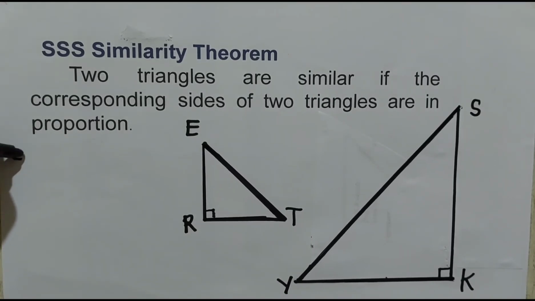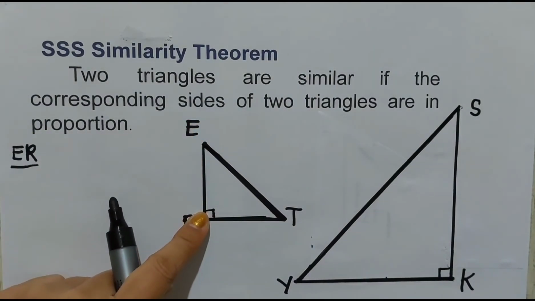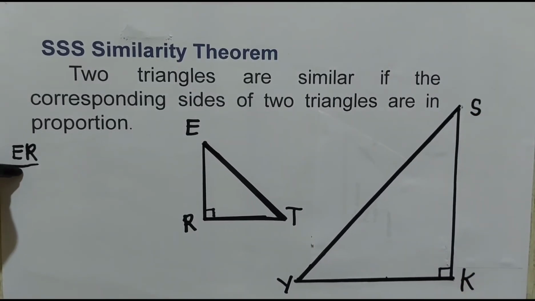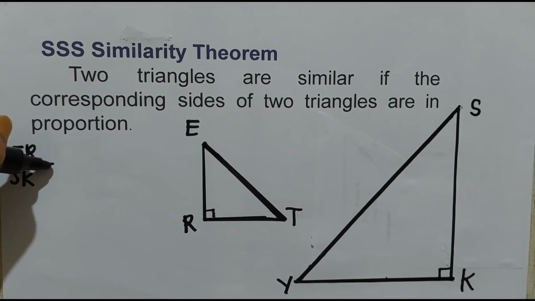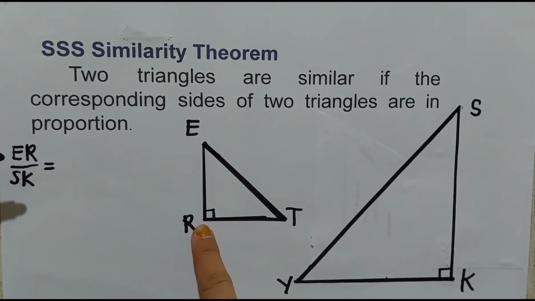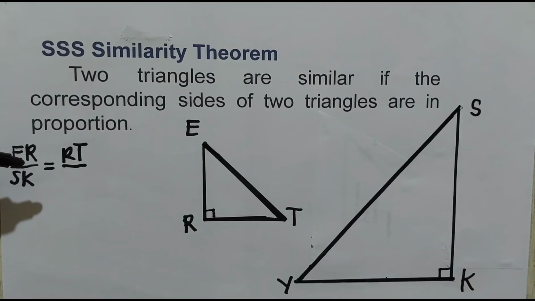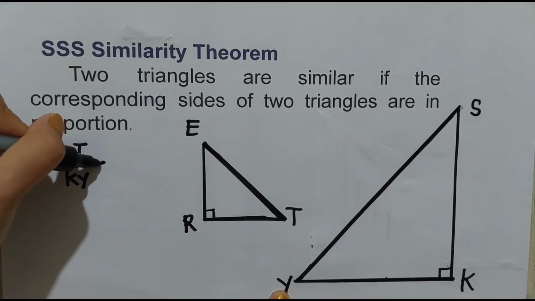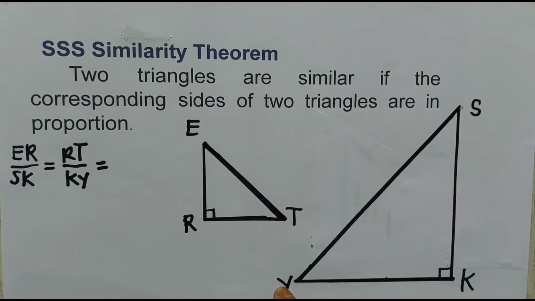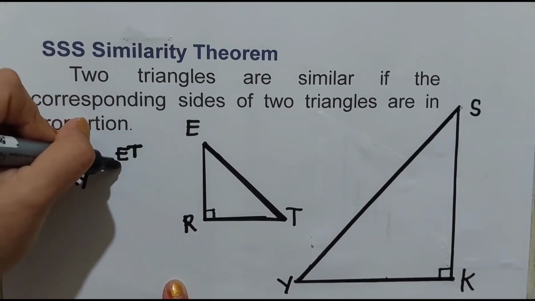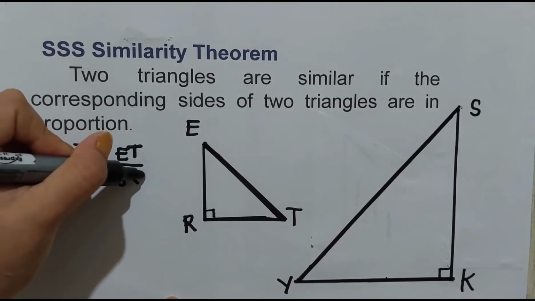Now, can you identify the corresponding sides of the two triangles that are in proportion? Shall we do it together? So we have side ER, which is proportional to side SK. And that would be equal to side RT, so you start from the right angle, RT is proportional to KY. And the third one, side ET is proportional to side SY.